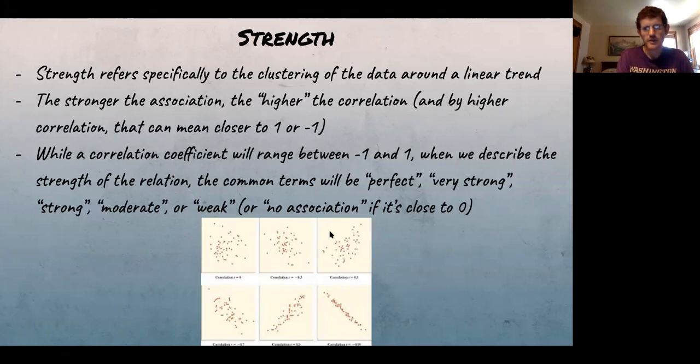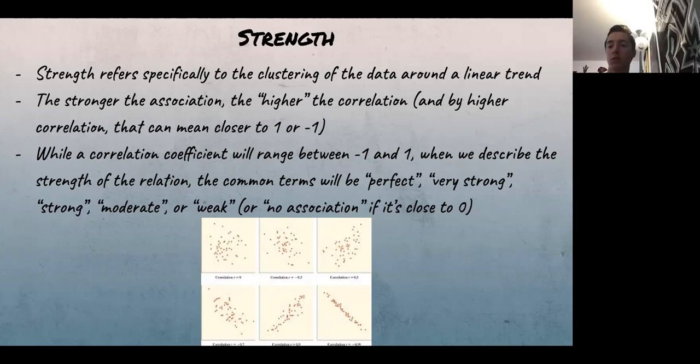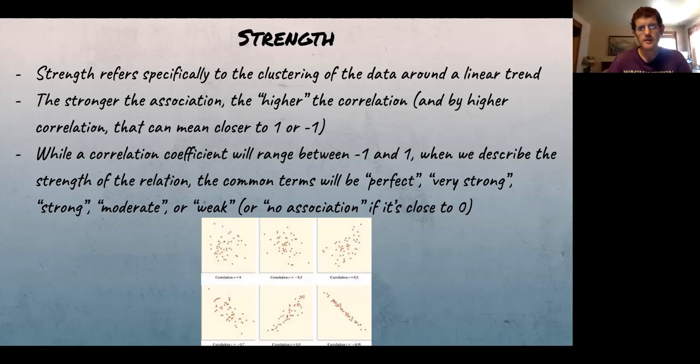So if we look at this one right here, would you say that's a strong, moderate, weak, no correlation? What would you say? Weak. Hearing weak. And this is something that we learn through exposure to this quite a bit.